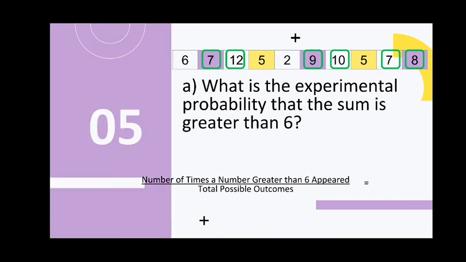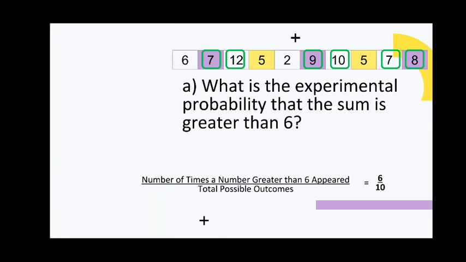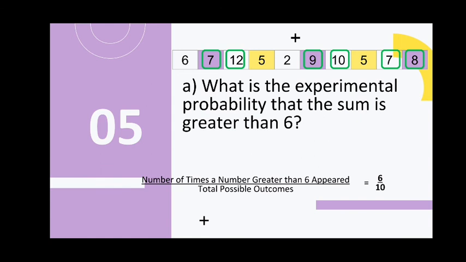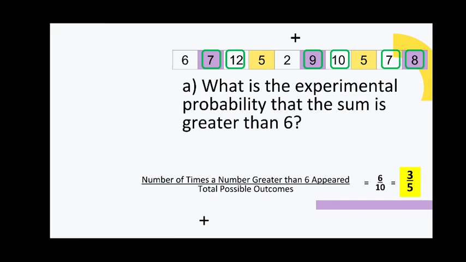So, there are 6 out of 10. Ngayon, ang 6 over 10 ay hindi pa naka-lowest term. So, ang greatest common factor ng 6 at 10 ay 2. So, we're going to divide both of them by 2, which is equal to 3 over 5. Therefore, the probability that the sum is greater than 6 is equal to 3 over 5.